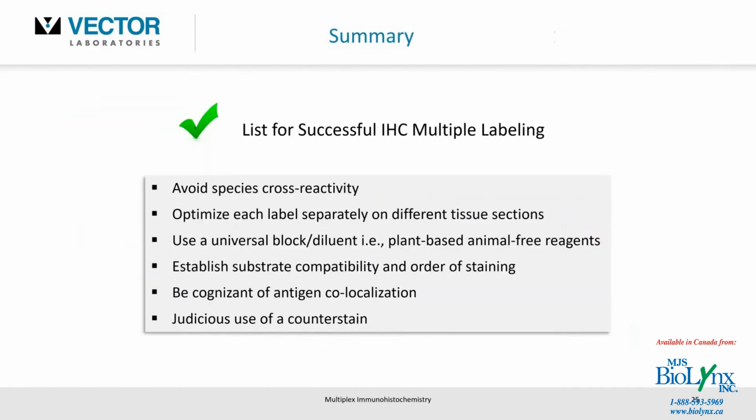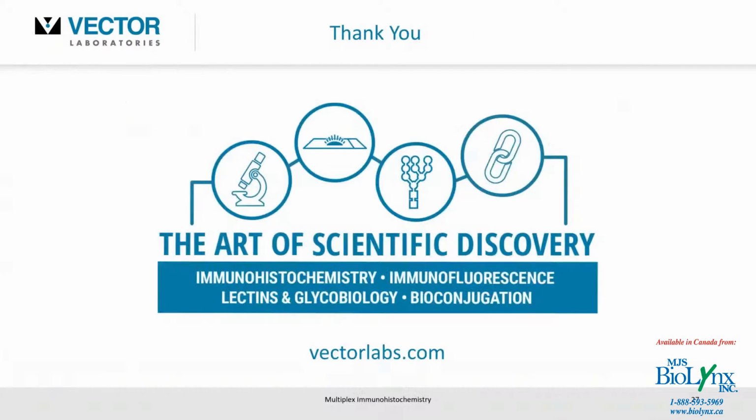Okay, great. The next question is about antigen retrieval. If antigen retrieval requires a different pH for each primary antibody, which one should I select? Yeah, fair enough. So let's just say, for example, one primary antibody is recommended to use a citrate at pH 6.